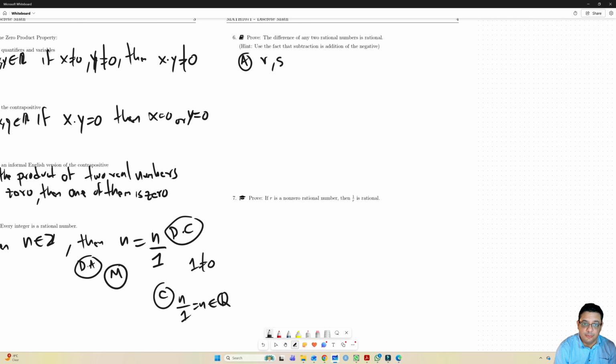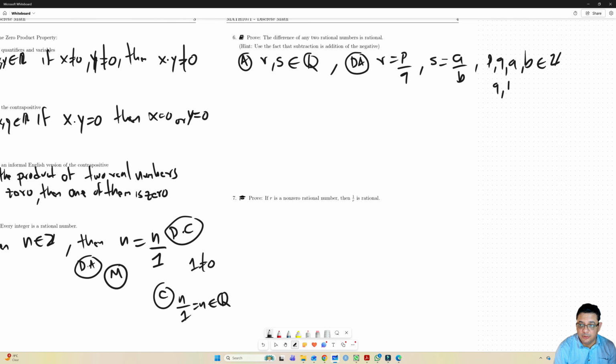Let's pick two rational numbers, r and s, that belong to Q. Then step number 2, definition of the assumptions. Then r has to be p over q, and s has to be a over b, with p, q, a, b that belong to the integers, and q and b are different from 0.